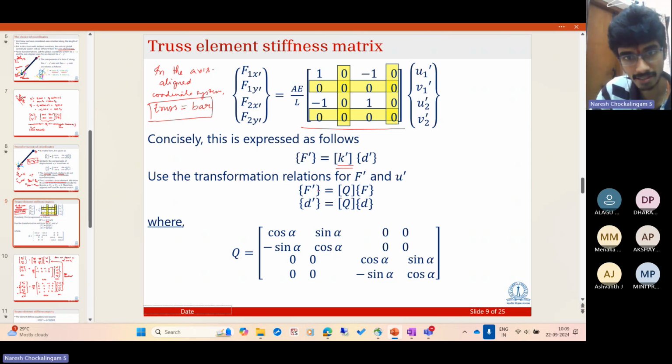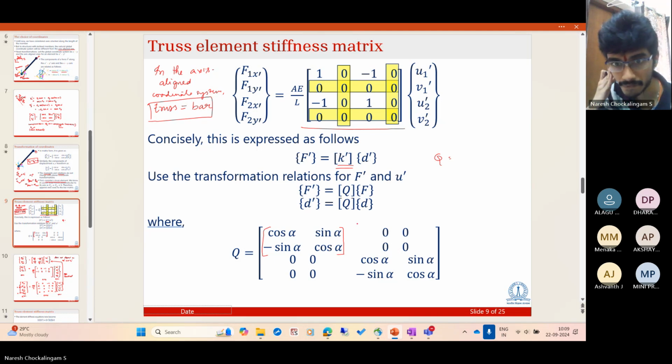Now we already saw that the forces transform according to a certain rule. We have f dash is equal to qf and d dash is equal to qd, where q is this matrix. So why do we have it something like this? This is what we called q, right? Why do we have it this way? Hello?